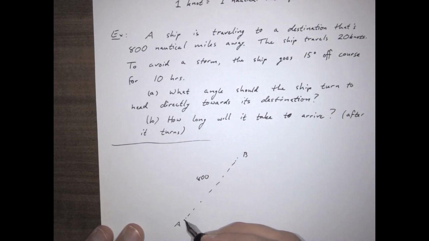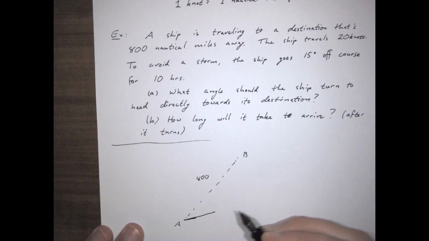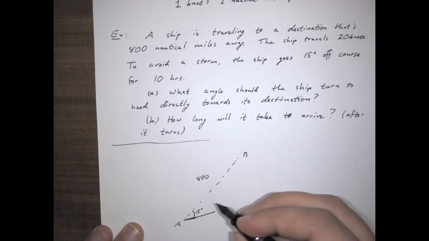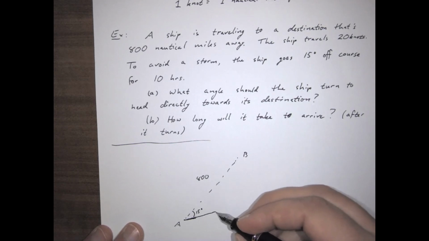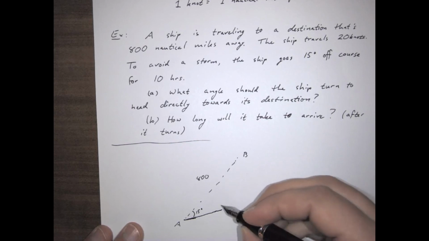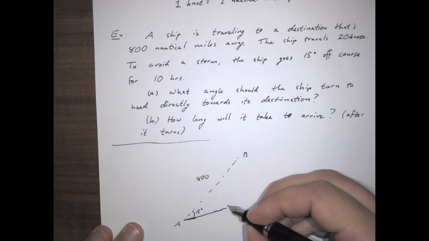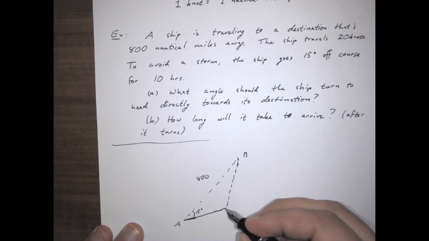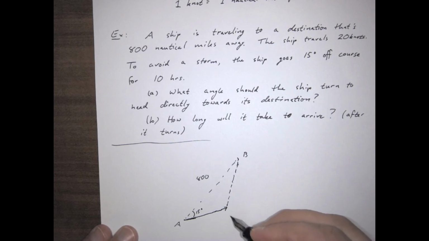Instead, it went 15 degrees off, which I'll exaggerate in order to make it more visible. So this is 15 degrees. And then it turns to go back to its original course. So this is the turning point.